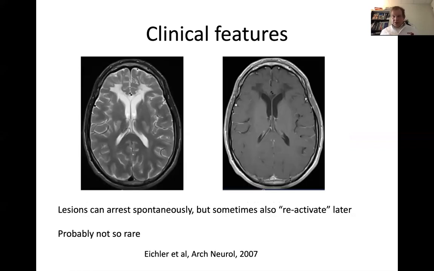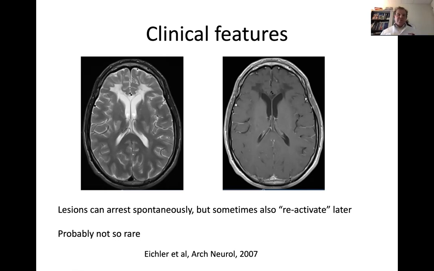Something that is not often emphasized is that lesions can arrest spontaneously, and that is probably less rare than what we used to think. In large cohort studies, if you scan adults, about 15% will have a small lesion in the corpus callosum, or a not so small lesion like this patient who was from the outside virtually asymptomatic. And you can see after contrast administration that there is no enhancement. And on follow-up scans, this remains completely stable.